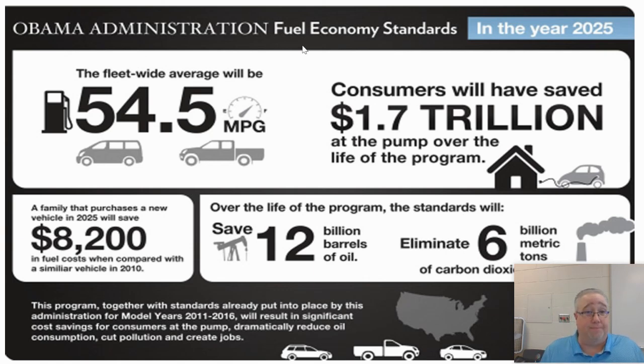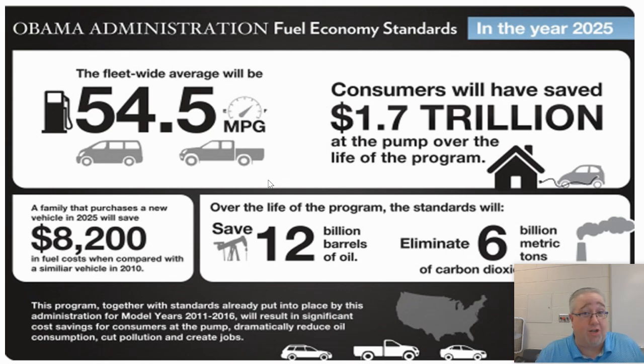This was made several years ago, from the Obama administration. They came up with their own fuel economy standards about 10, 12 years ago. I want to say this was produced in 2010, I believe. The goal was that by the year 2025, that fleet standard, that 27.5 that we're at today, they want to raise to 54.5.